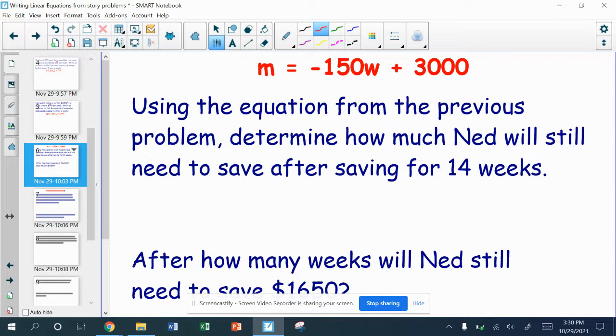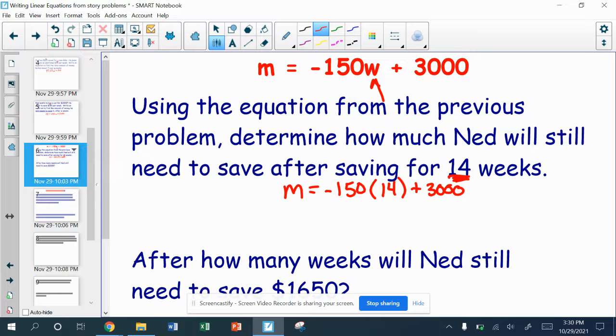Using the equation from the previous problem, determine how much Ned still needs to save after he has saved for 14 weeks. So this is the number of weeks, right? We're going to put that in for the weeks. So the money that he still needs would be a negative 150 times 14 weeks plus the amount that he needed to start with.